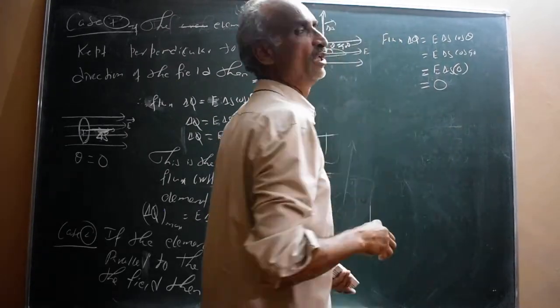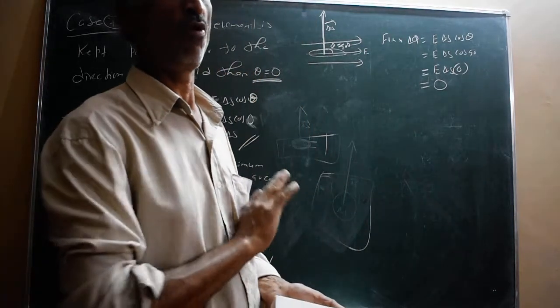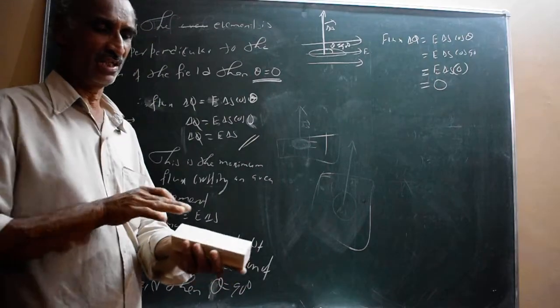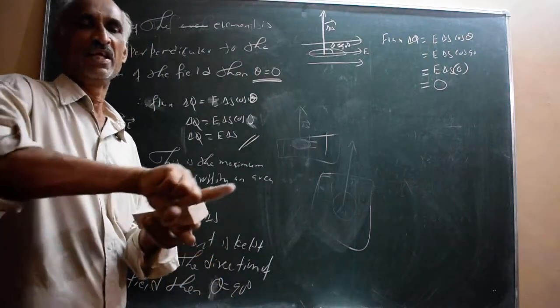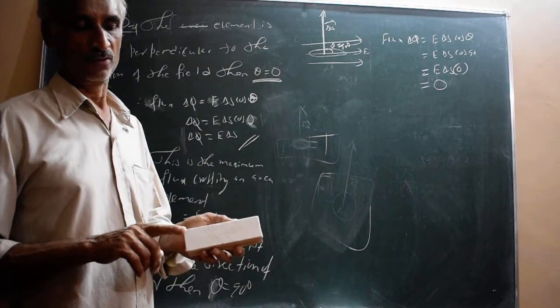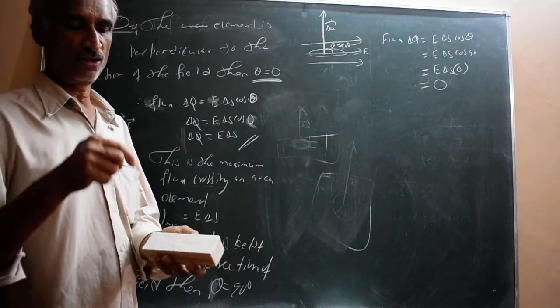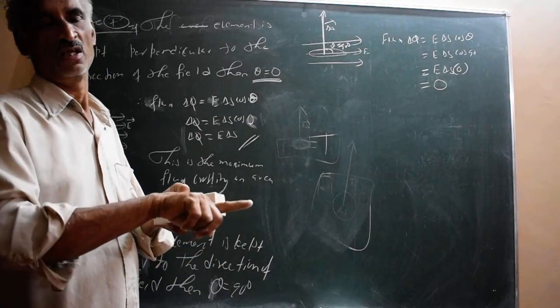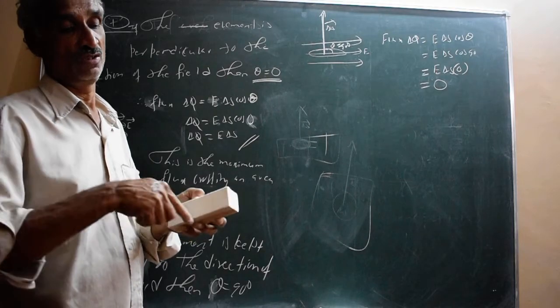This is the minimum flux. No field line is crossing the area element; it is simply grazing the surface, not cutting it. The field lines are not cutting this area element. No cutting is there.